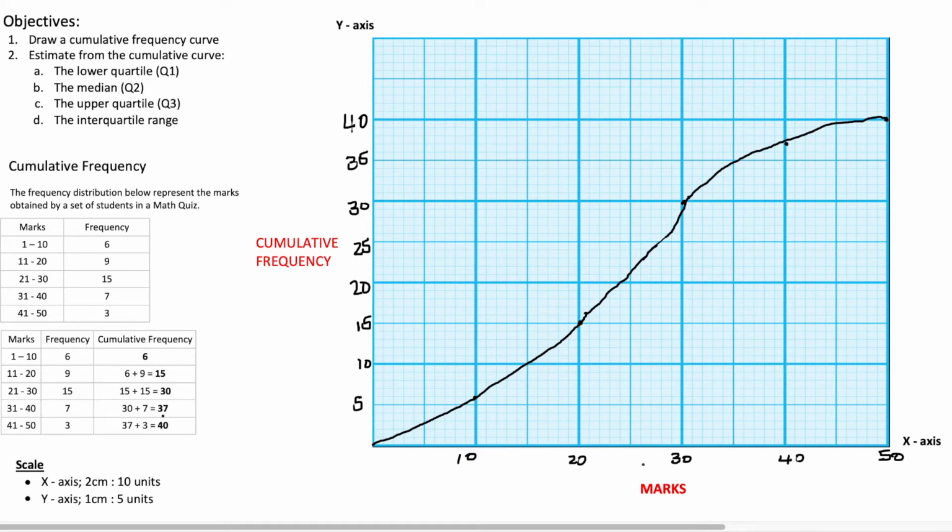We look to our cumulative frequency and see that the highest cumulative frequency is 40. The median is always half of the cumulative frequency, so half of 40 is going to be 20. So we go to 20 and we make a broken line across until we meet the curve.